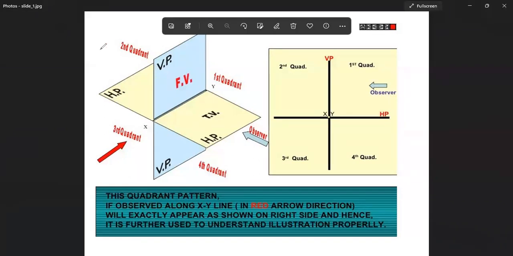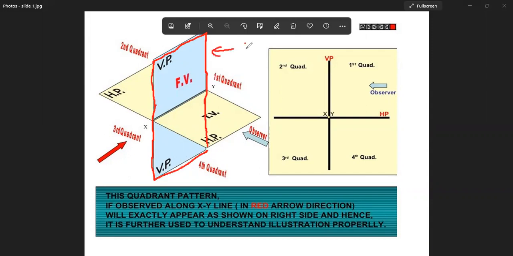Okay, so this is the quadrant system in projection. Our space is divided into four regions. So this is our space, and our space is divided into four regions with the help of two planes.